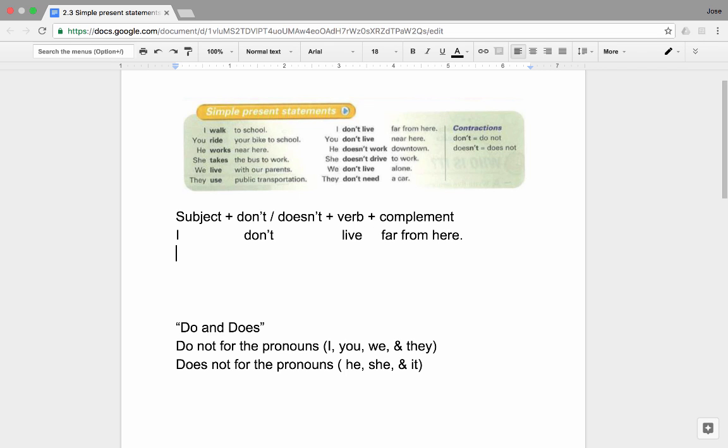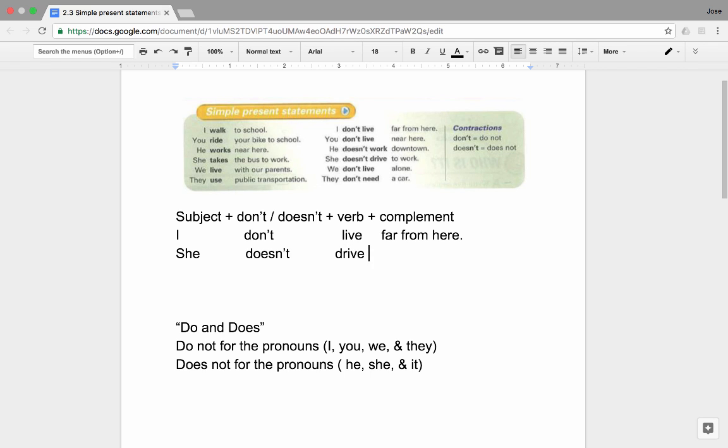Let's take a look at one more example. She doesn't drive to work. She is the subject. Doesn't is the auxiliary verb. This is the third person that I was talking about earlier. Drive is the verb.